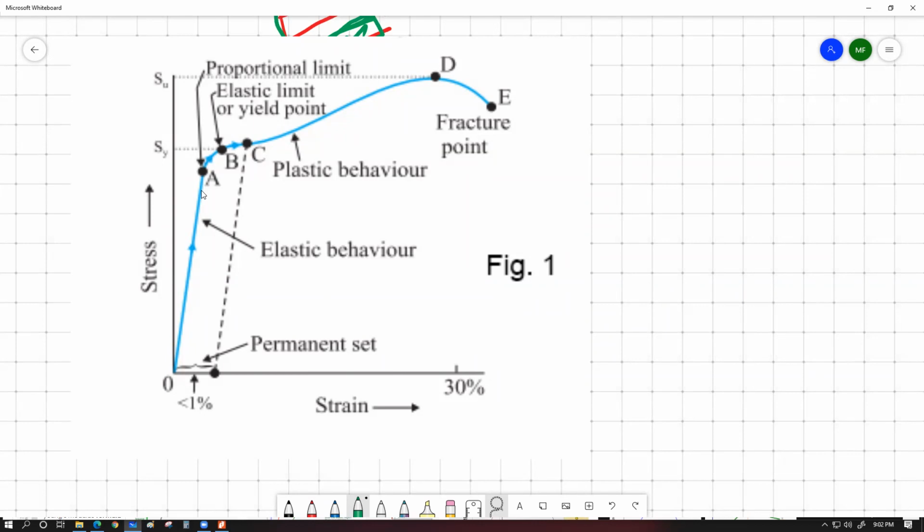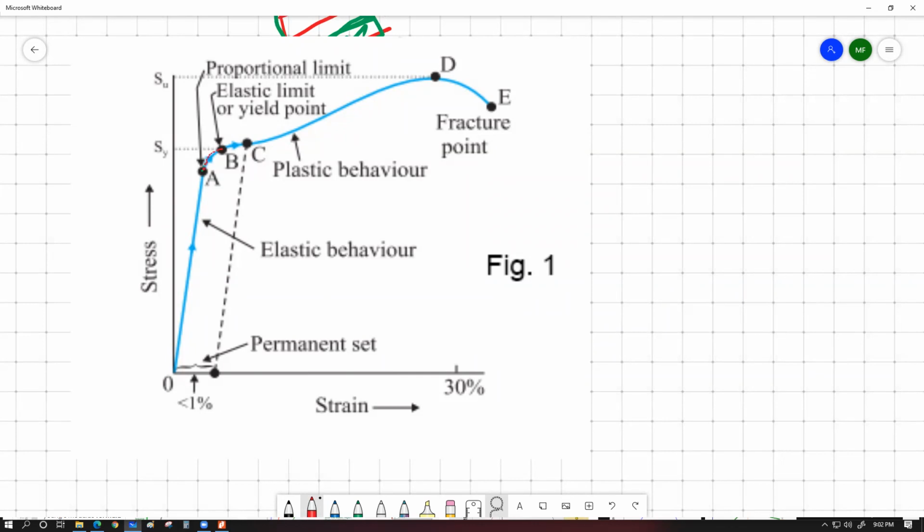It just so happens that any elastic object behaves as an elastic object. Elastic object means its deformation is reversible slightly inside the curve as well. So from this point, let me use maybe red, from this point all the way up to this much point, this is actually a curve. This is not a straight line.